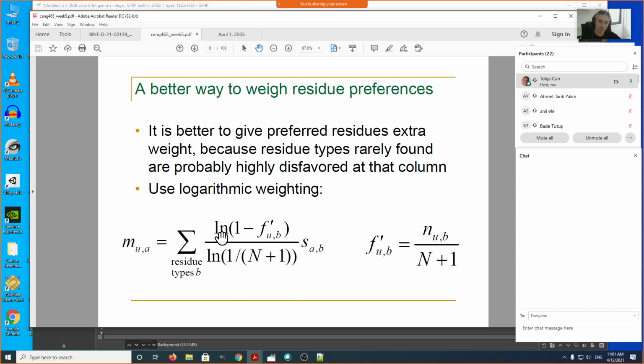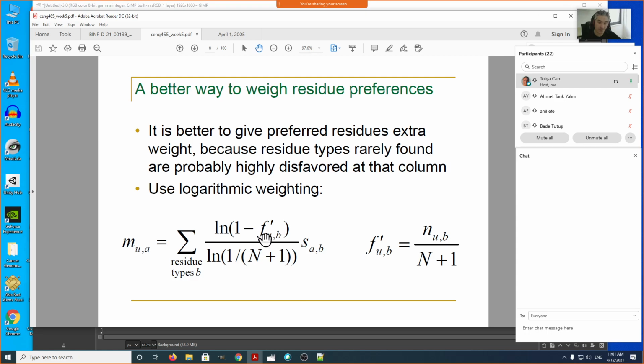To avoid that, this part here inside should be 1 minus the frequency, because the closer it gets to 0, the more negative it's going to get. And since it's divided by this negative number, the larger the weight is going to get when this 1 minus frequency gets closer to 0.